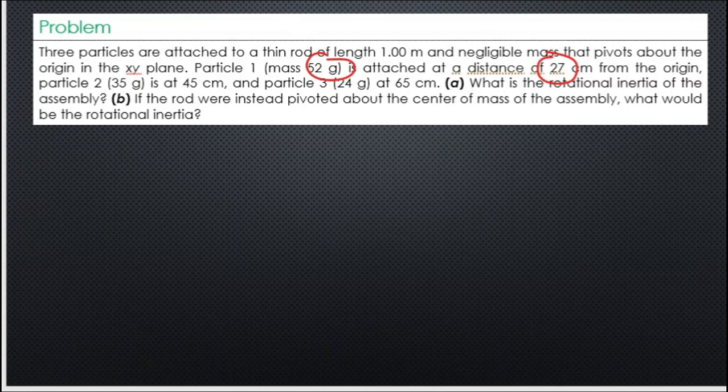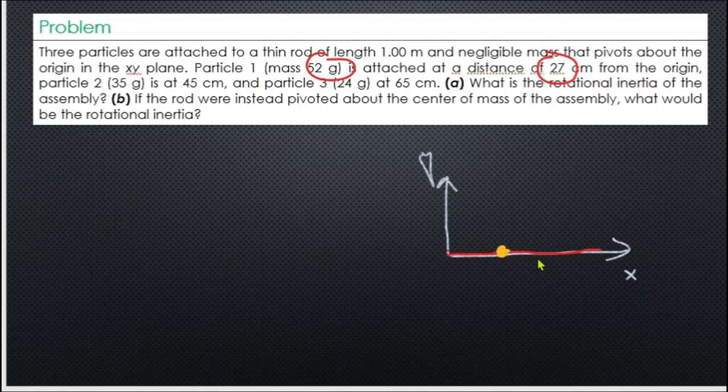Let me make a diagram of that particular case. We have a rod in an XY plane. Let's say it lies on the x-axis for the sake of simplicity, and there are three particles attached to that rod.